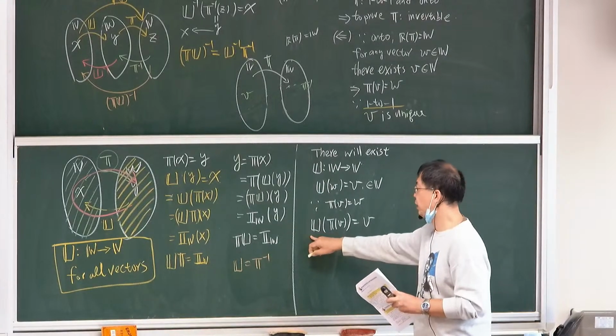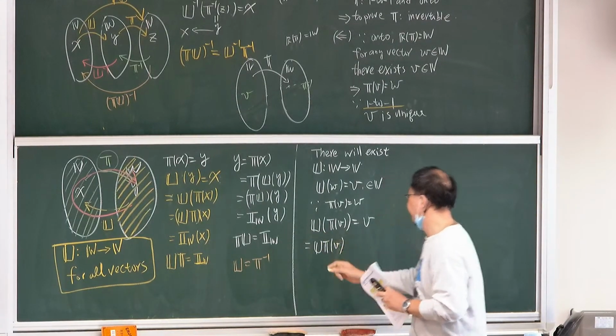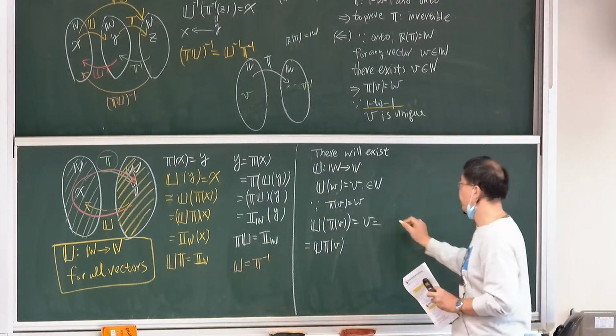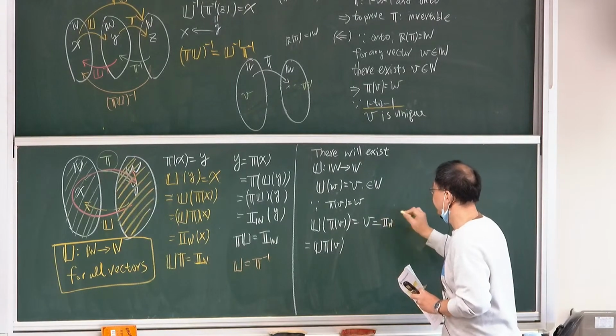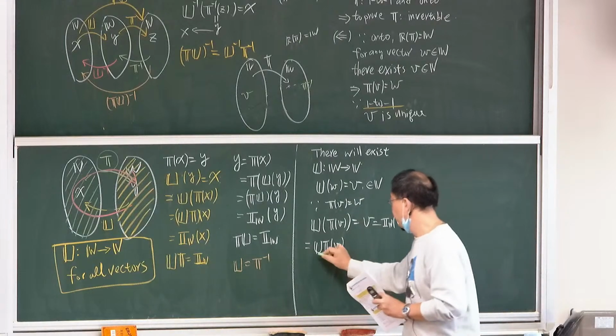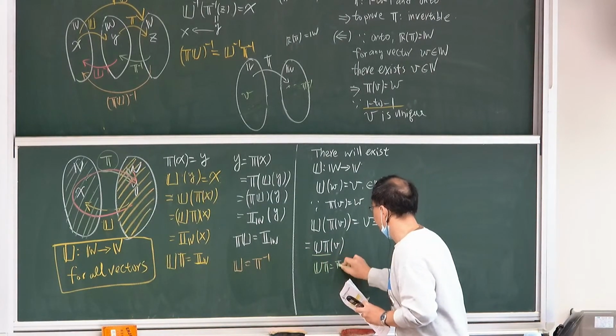For the left-hand side, it's UT sub v equals v. But for v itself, we know it's the identity transformation of v. So that means here, UT equals I_V.